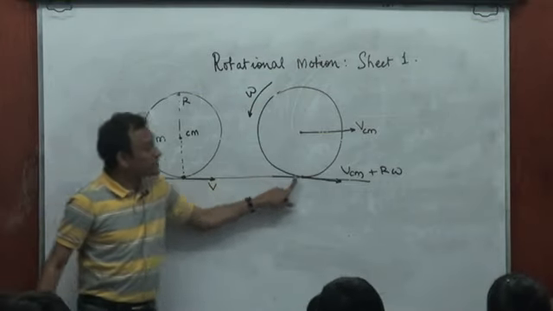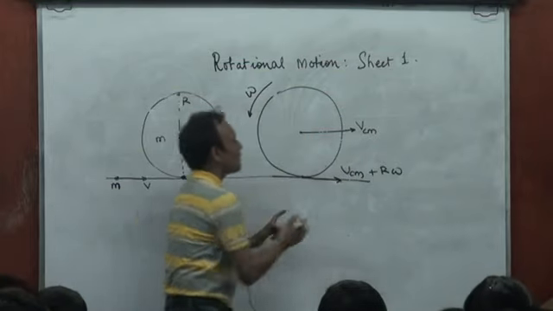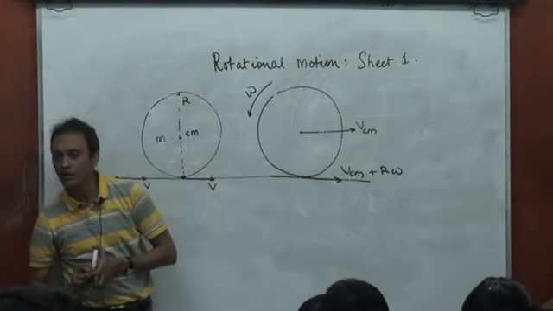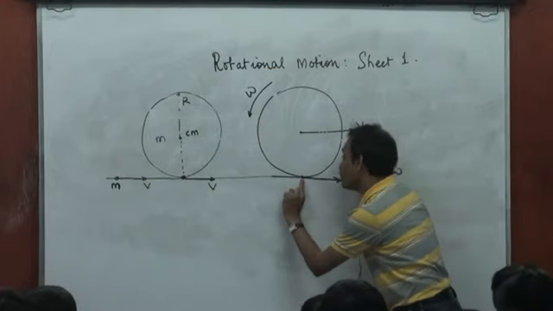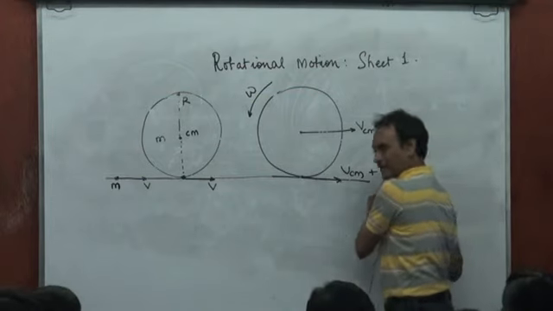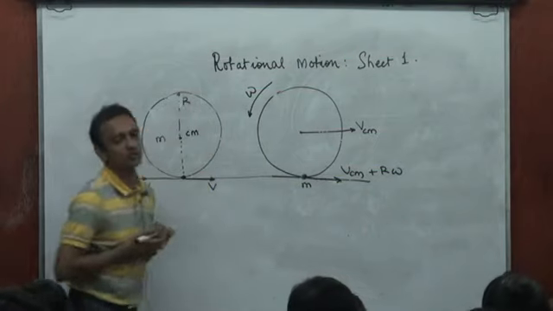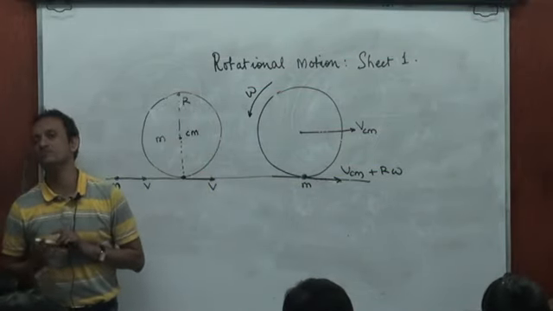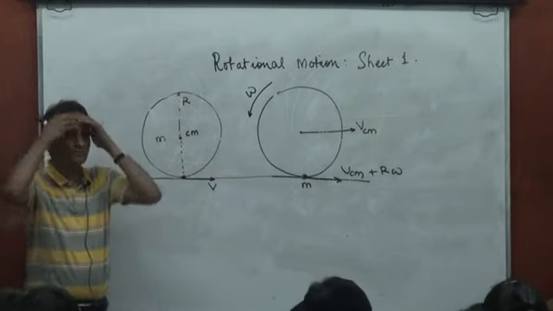So this point right after impact has a velocity VCM plus r omega. Now the bullet gets embedded at this point, so the bullet will also have the same velocity VCM plus r omega, yes or no? So the bullet will also share the same velocity VCM plus r omega.